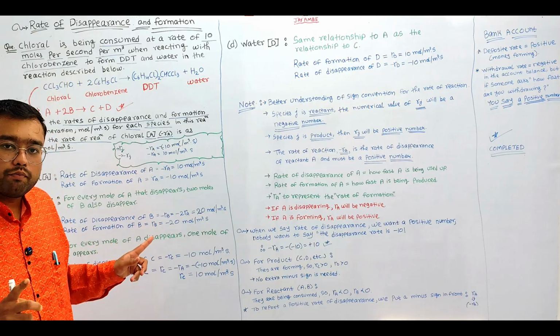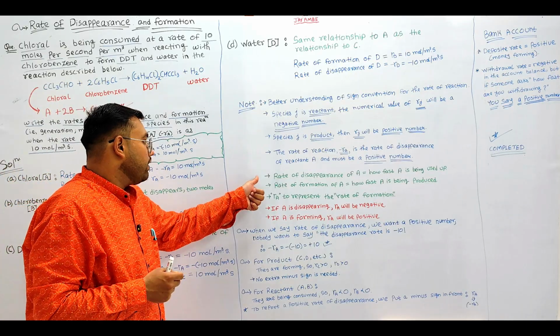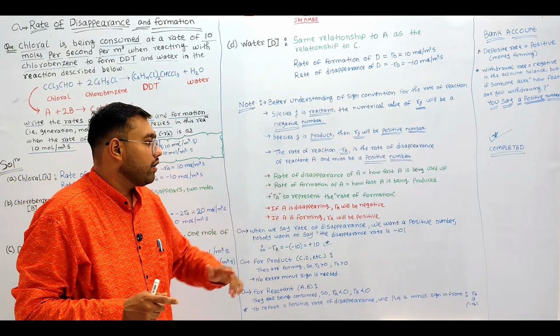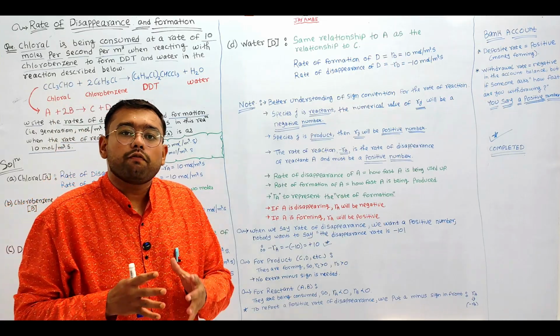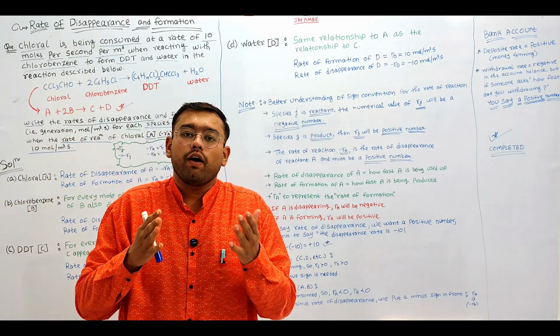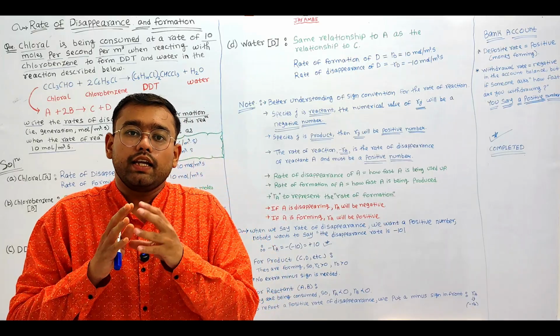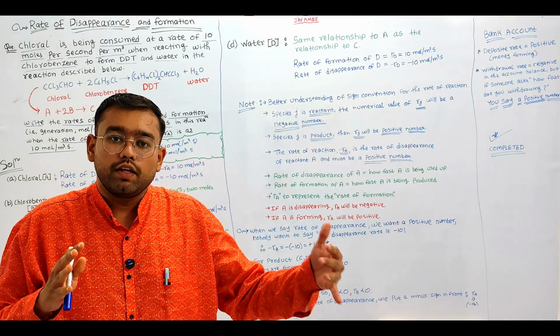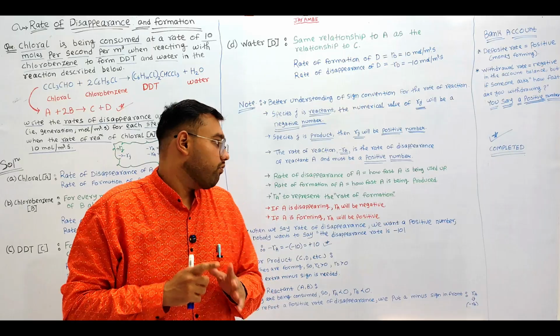Now the rate of disappearance of A means how fast my reactant A is getting consumed during the progress of the reaction in the reaction environment, right?